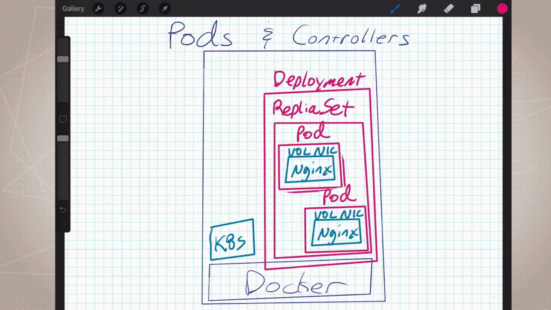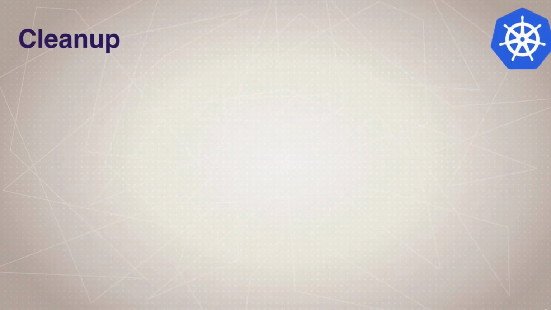So in my drawing here, I created a copy of that pod, and that would be if we scaled the replicas to 2, very similar to how Swarm does it. The replica set's job, again, is to ensure that 2 pods are running with the identical template. And the deployment's job is to manage the replica set configuration.